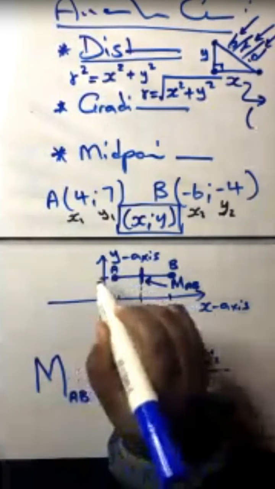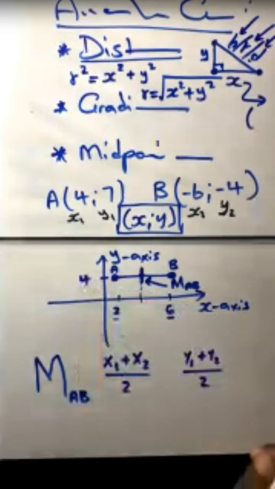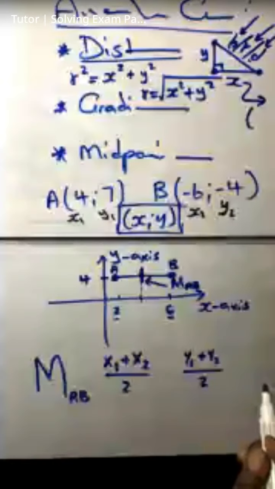Let's say that point over there, it was, let's say it was 4. I'm going to ask this question to Shreyas. Shreyas, what are the coordinates of point A?